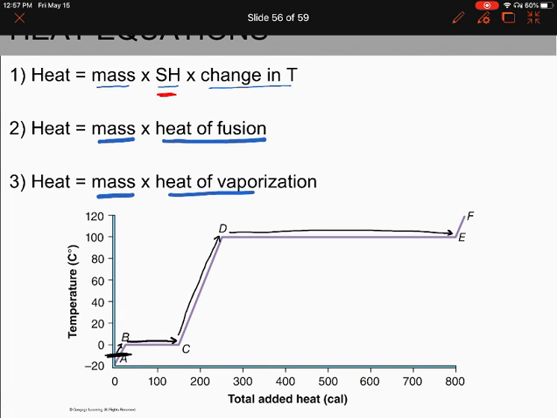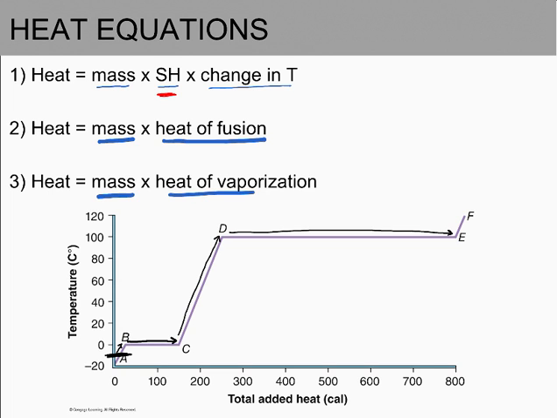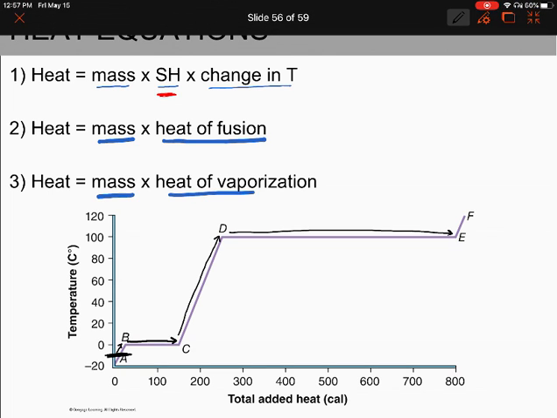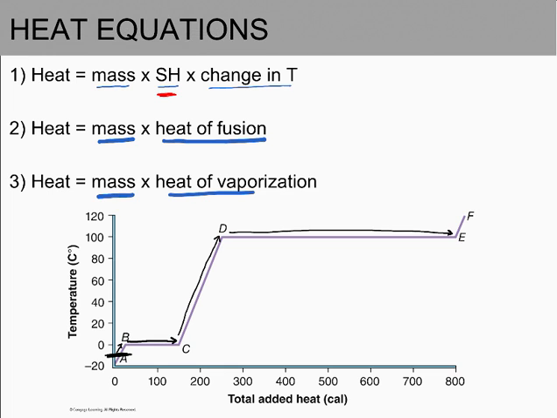Okay, so for the first step, we'll need equation 1. For step 1, we'll use equation 1, and we also need the specific heat of ice for that step. In step 2, we're going to use equation 2 and the heat of fusion.